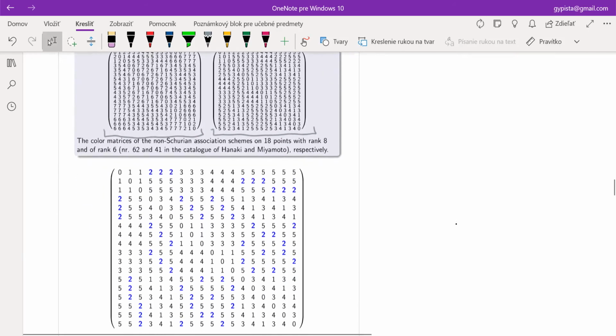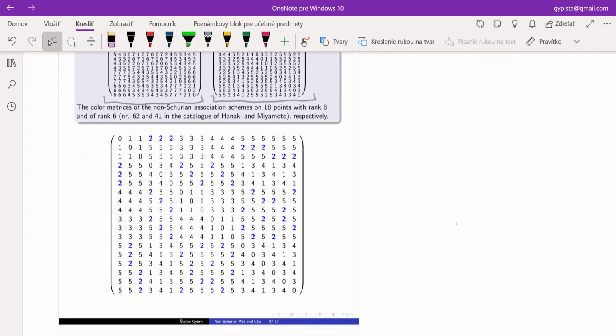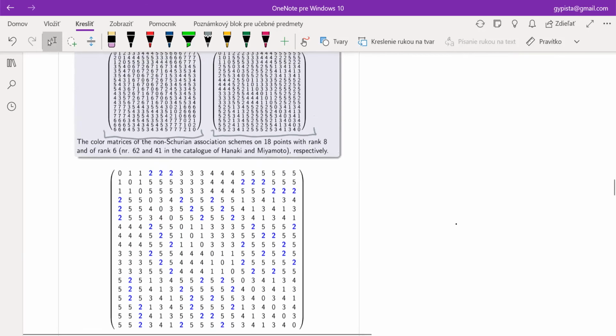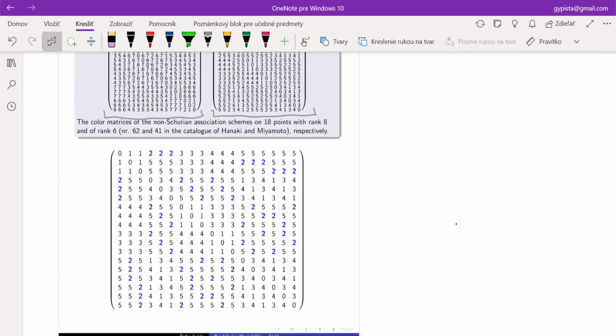So if you are given this kind of task, what can you do in the first step? For example, you can write down each of the relations from the association scheme.